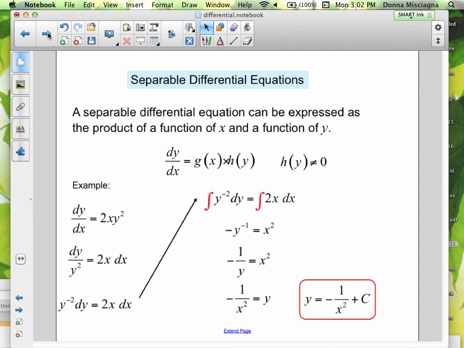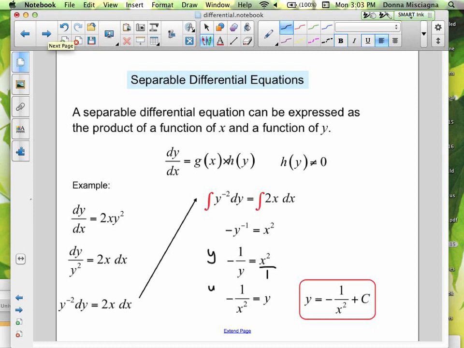Now we want to make this look a little more like an equation. We've got y in the denominator and x squared in the numerator. If you have a proportion, you can flip it, so the y comes on top and the x squared goes on the bottom. Or you can think of it as multiplying both sides by y, so the y's cancel, and you've got negative 1 equals x squared times y.